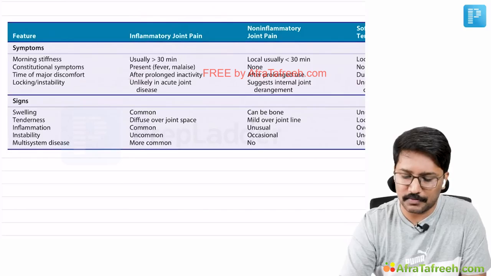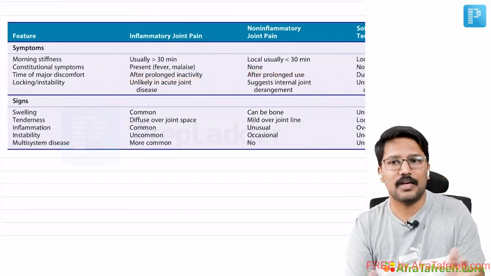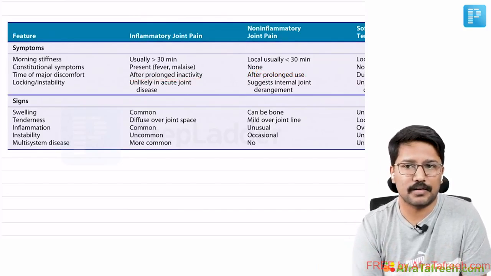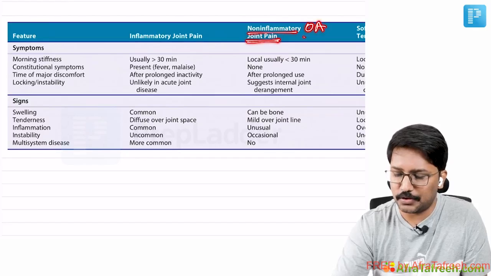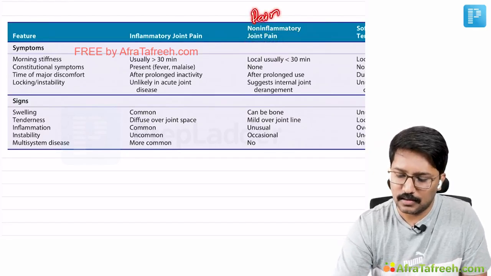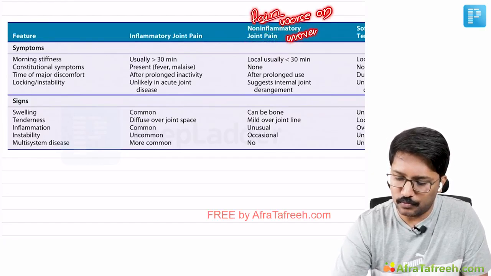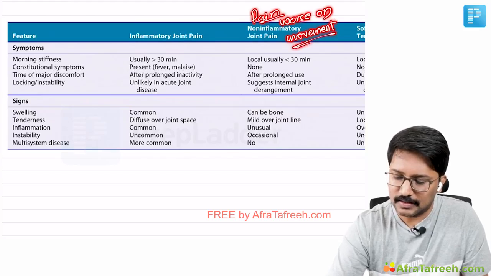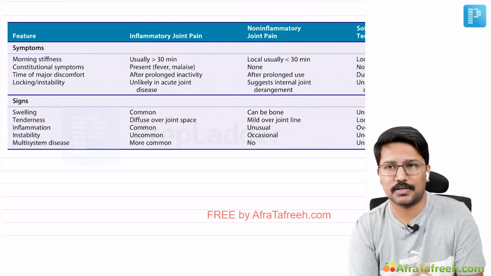So their pain is worse after prolonged inactivity, and when they start moving, they start feeling a little better. On the other hand, in non-inflammatory joint disorders, as I have already told you, osteoarthritis is our classical example, the pain is worse on movement. So these patients generally feel better on rest, and when you ask them to move about, their pain gets worse, right?